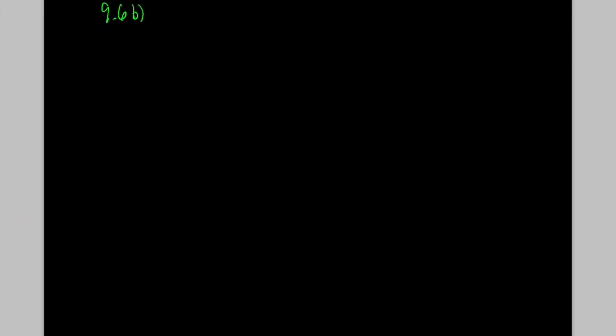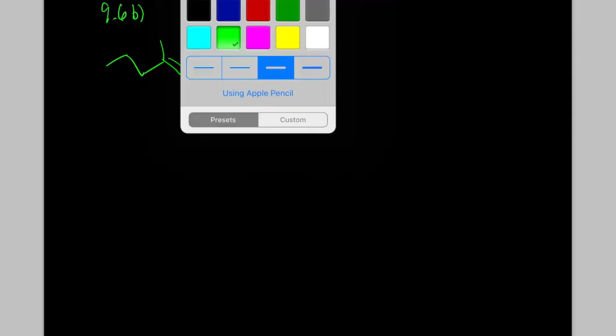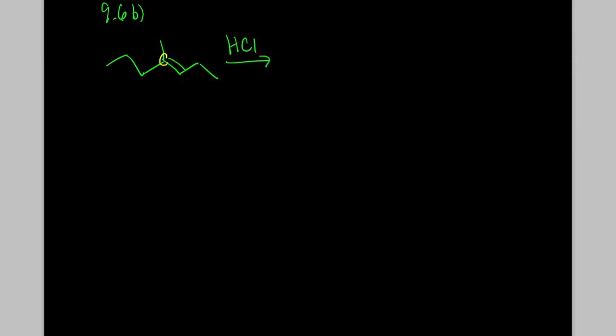9.6b, we've got HCl. Okay. Take it stepwise. Step 1, draw the carbons of your alkene. Step 2, draw any missing hydrogens. Step 3, the rich get richer.